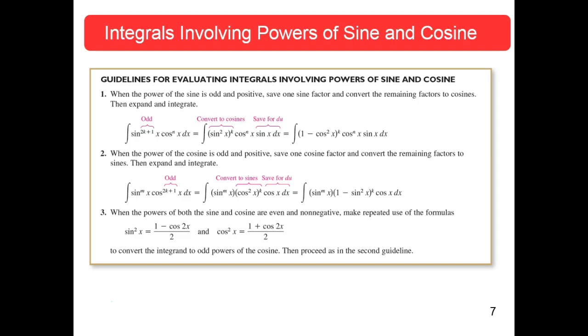What you have left is sine to the 2k, cosine to the nth. Well, sine to the 2k is sine squared raised to the kth power, and sine squared can be written as 1 minus cosine squared from our Pythagorean identity.